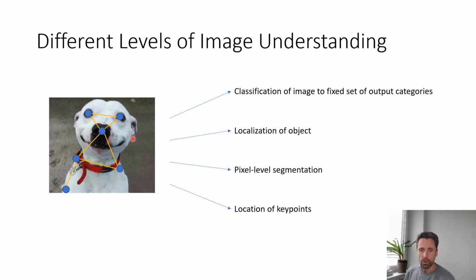And we have also talked about pose estimation, so the location of certain key points that make up a skeleton of the object, so we know in what configuration the limbs of animals or humans were.